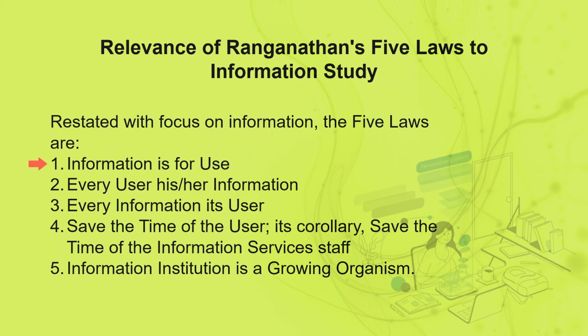Mere possession of information in whatever form, if it remains idle in a store, even if it is in a highly sophisticated digital form, is of no worth. The concept of information society is very much in conformity with Ranganathan's perception. The second law, every user his or her information, suggests that information services should be entirely oriented towards user needs.